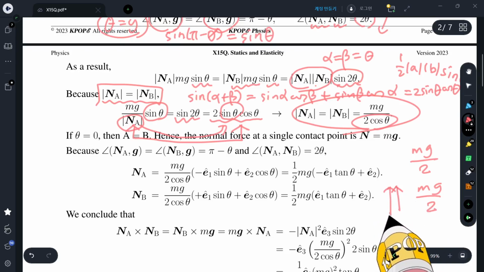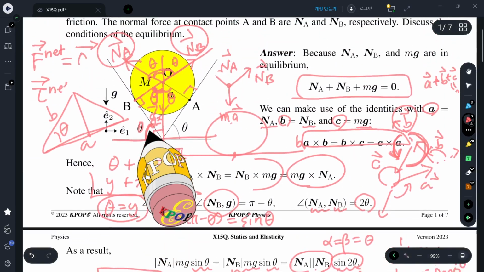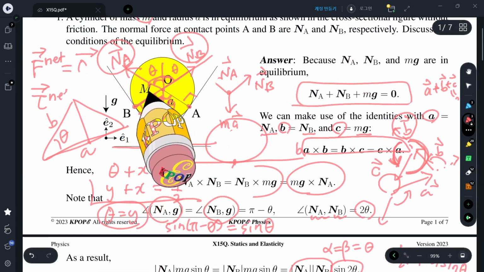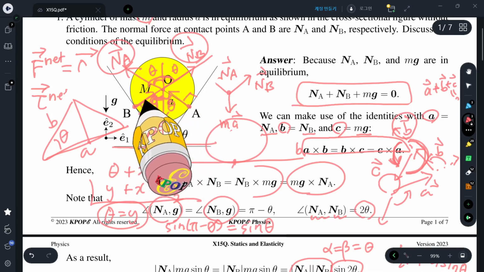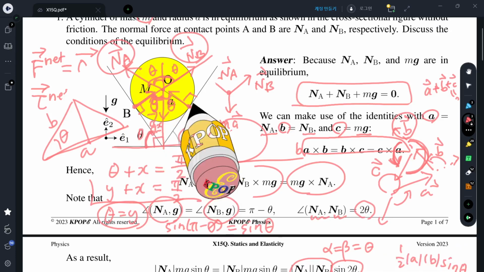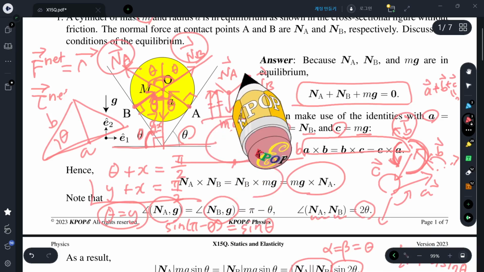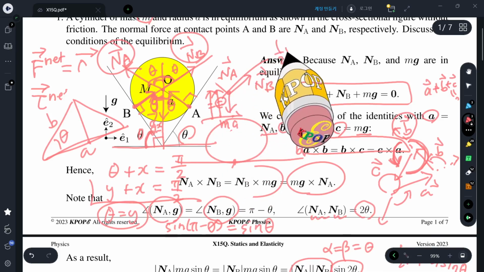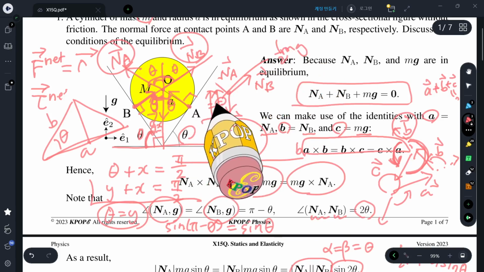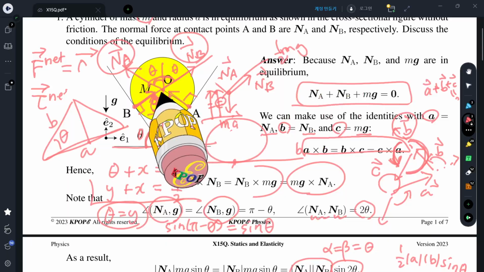The two constraint forces must be added to construct the sum, multiplied by 2 is mg. Okay, that's reasonable. So this normal force is heading in this direction, but when the angle reaches 0, the two forces become parallel and the same, and half of each of them is 1/2 of mg, and if I add them up, we can sustain the gravitational force mg.